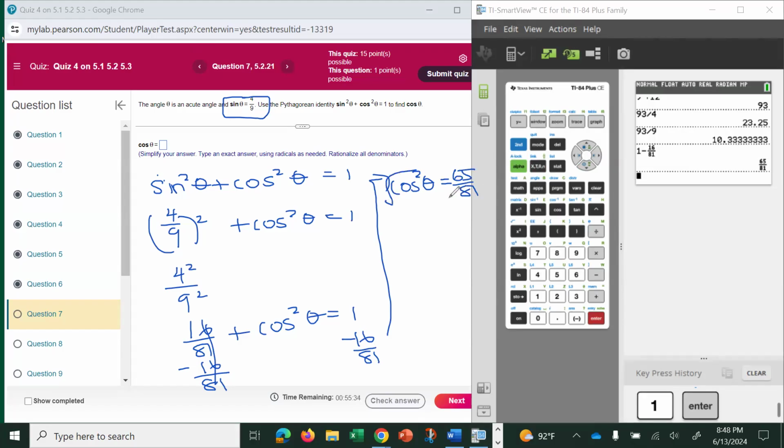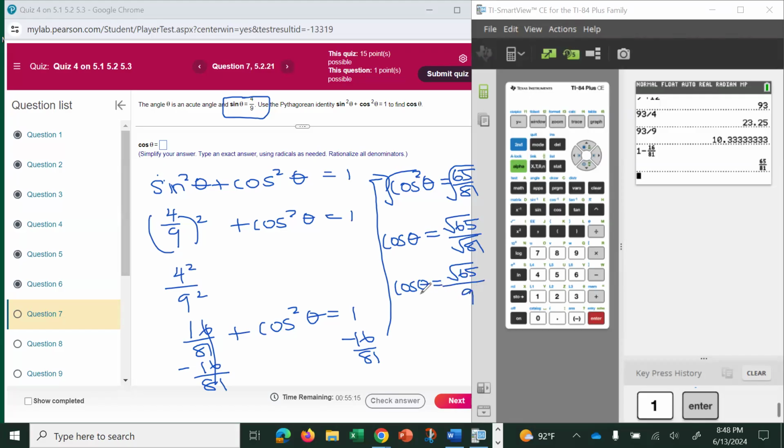Okay, so we're going to take the square root of both sides and get cosine theta is equal to square root of 65 over square root of 81. And square root of 81 is 9. So this would be square root of 65 over 9.